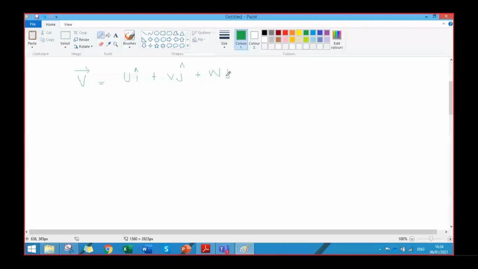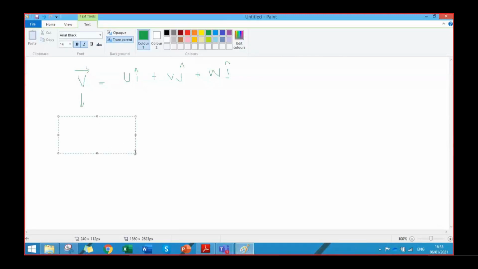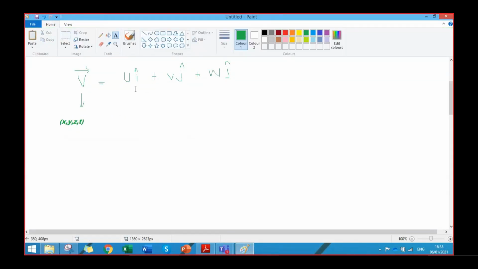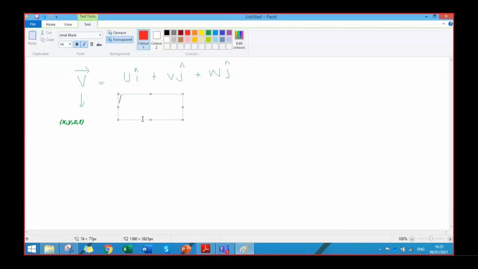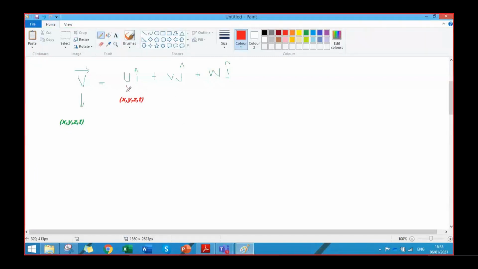And we know that this velocity is a function of x, y, z, and time. And each of these subcomponents u, v, and w is also a function of x, y, z, and time. Clear?